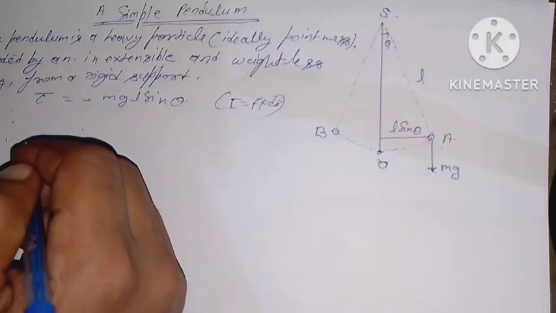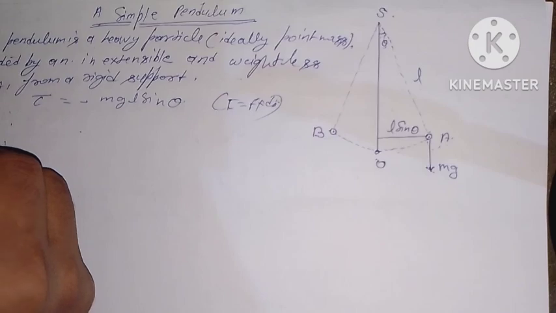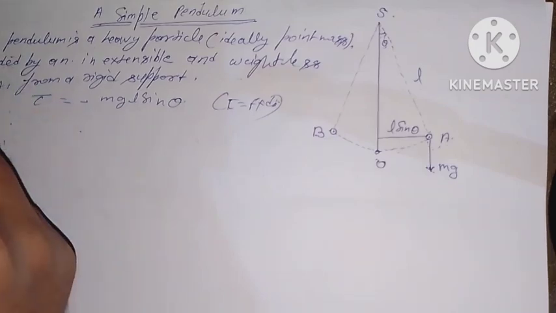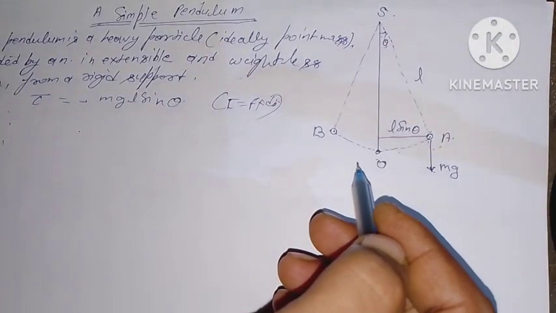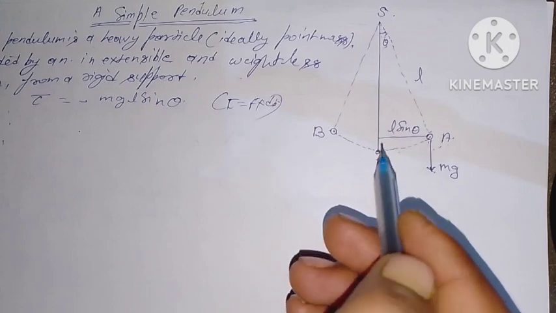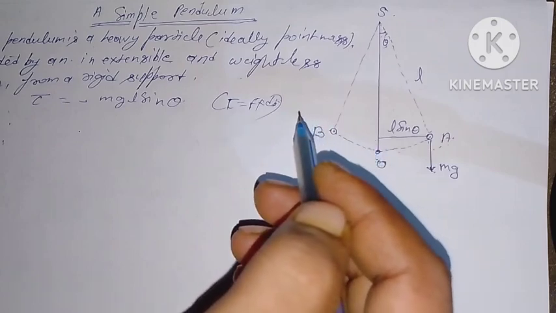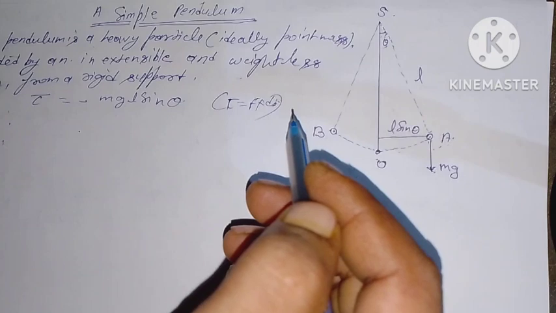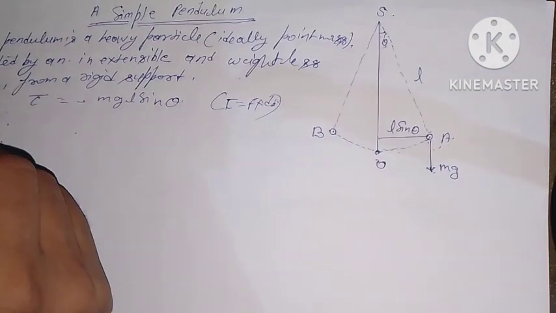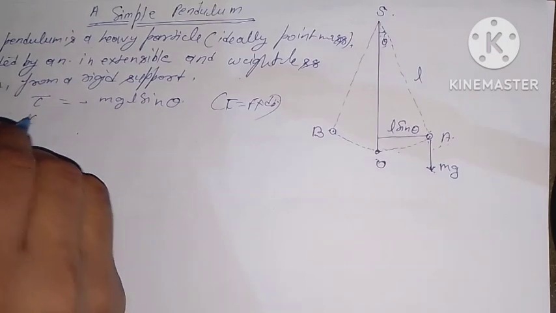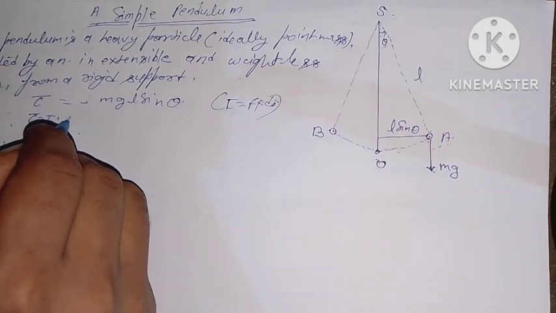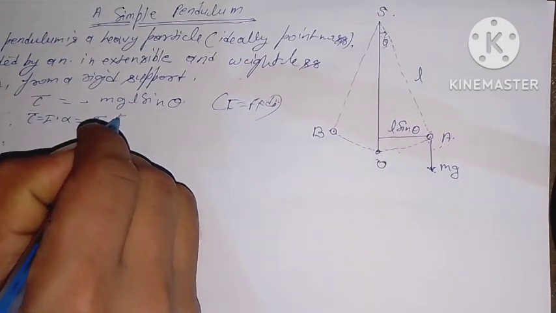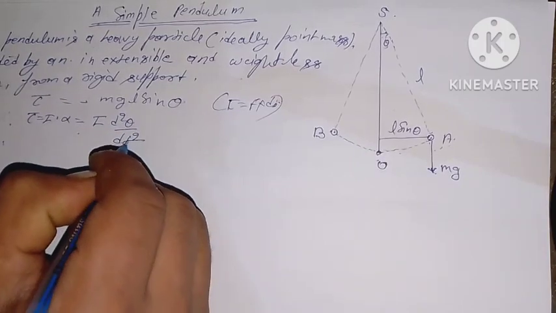Then if d square theta upon dt square is the acceleration of the bob towards O, and I is its moment of inertia about the point of suspension, perpendicular to the plane of paper, the torque acting on the bob is also given by tau equals I alpha, that is I d square theta upon dt square.